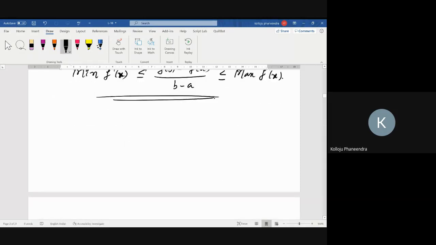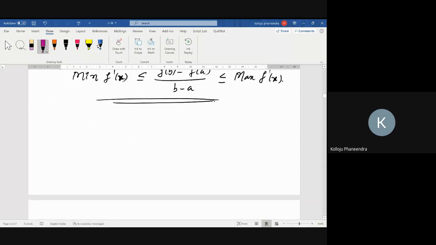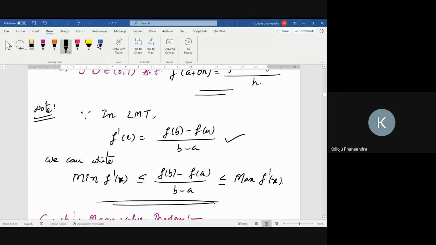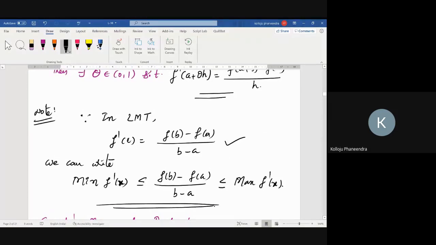Right. Another one. Cauchy's mean value theorem. See the statement of Cauchy's mean value theorem. First, one more point in Lagrange's mean value theorem.